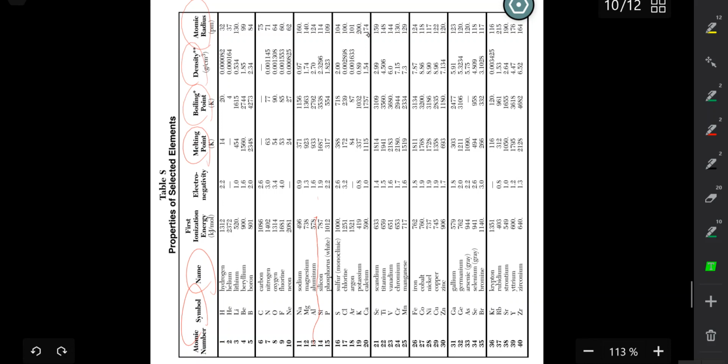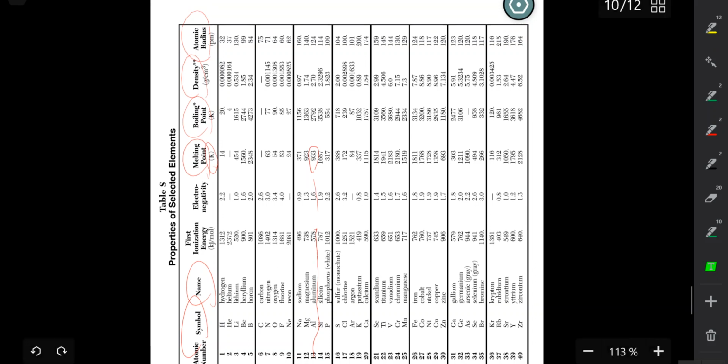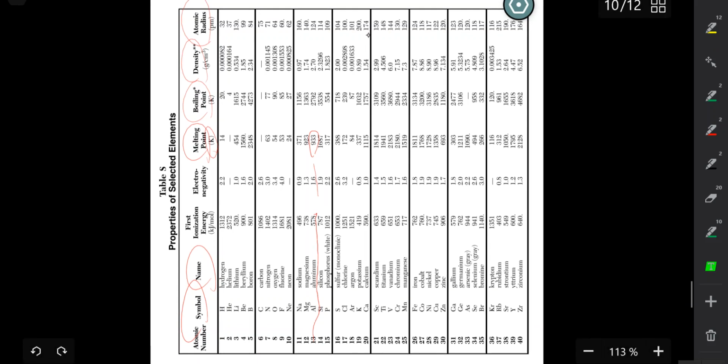Notice aluminum will melt at 933 degrees Kelvin. Kelvin is a unit that we use to measure temperature. Boiling point, 2792. That means aluminum can boil at 2792 degrees Kelvin. Okay?